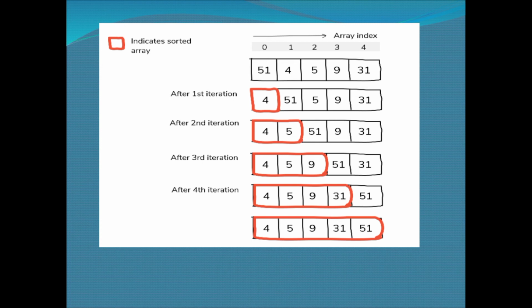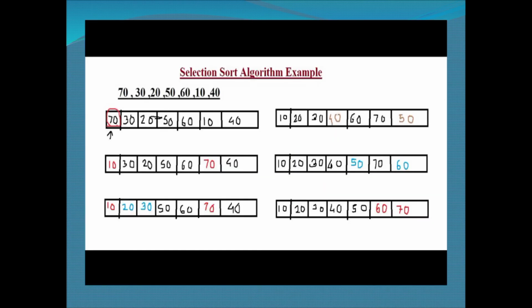Hope you understood the algorithm clearly, since I have taken and explained with few numbers or a small list of elements. Okay, this is another example. For your better understanding, I have taken 4 to 5 examples so that you will clearly understand everything.